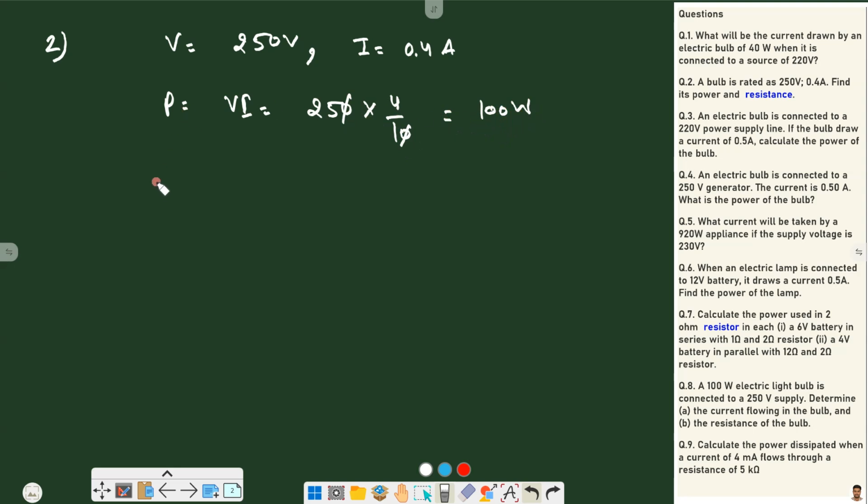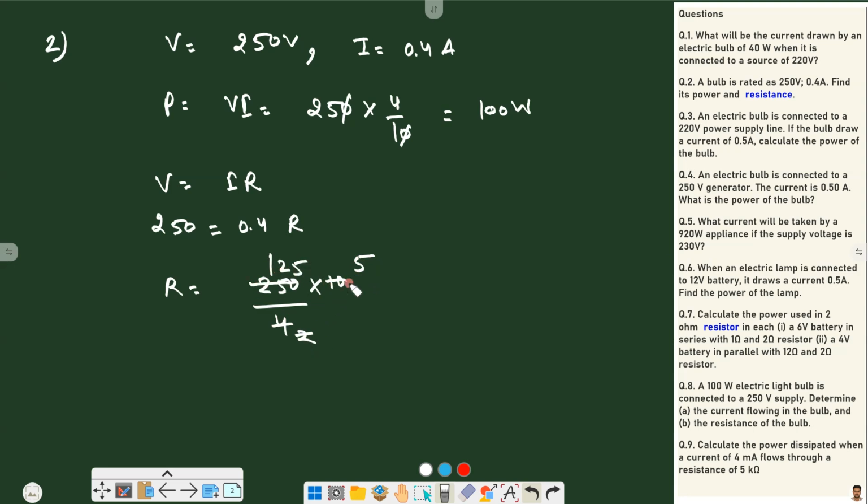And resistance you can find from V = IR. So V is 250, I is 0.4, and here is R. So R is 250 by 0.4, that is 4 by 10. This goes to 5, this goes to 2, 1 to 5, so 625 ohms is the value of resistance.